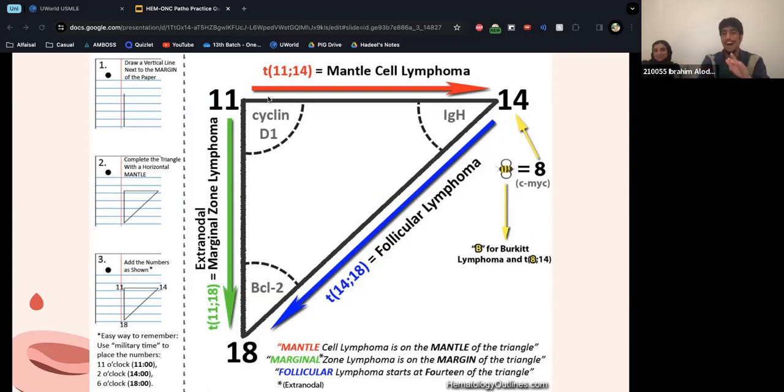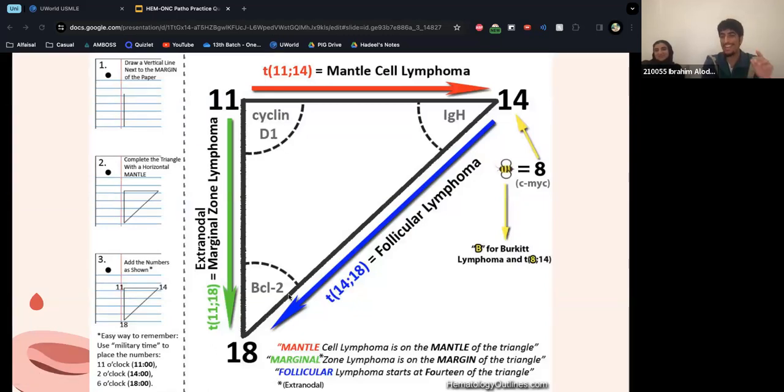Then you put the numbers like they're on a clock, in order: 11, 14, 18. You draw the arrows so the margin would be 11, 18, the mantle would be 11, 14, and the follicular, which is the only thing left, would be 14, 18.